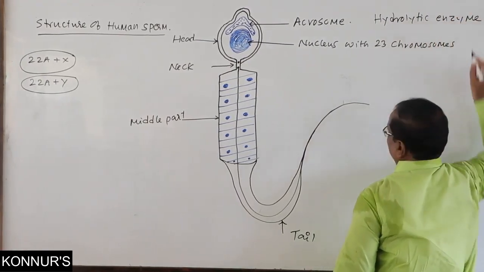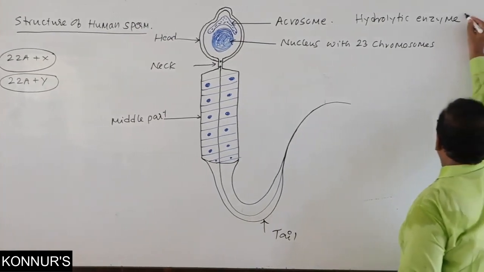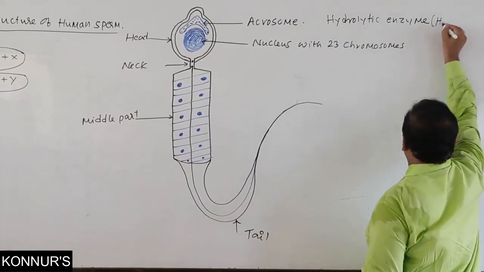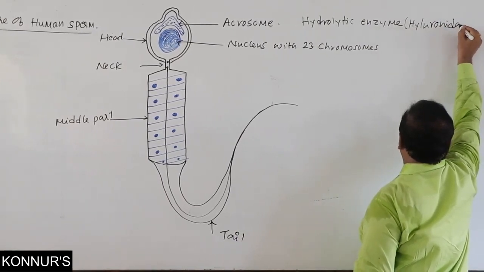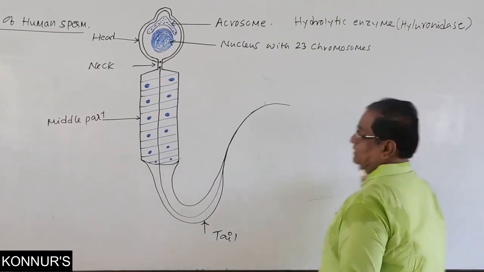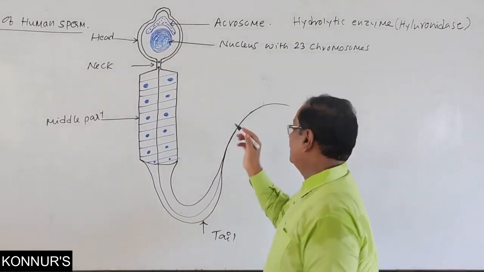A hydrolytic enzyme present in acrosome is hyaluronidase.